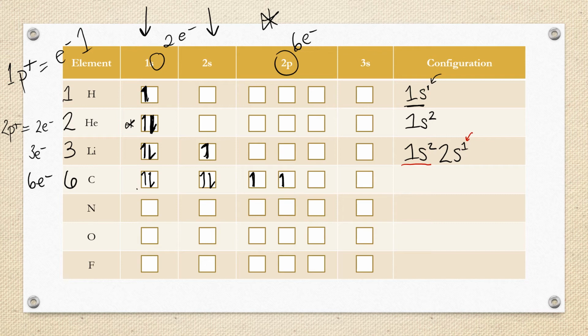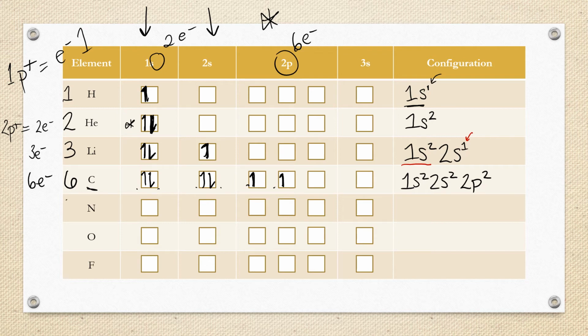Now I have 1, 2, 3, 4, 5, 6 electrons total for carbon, which is what I'm supposed to have. So how would I write this configuration? 1s2, 2s2, and 2p2, because I only have 2 electrons in my 2p orbital.